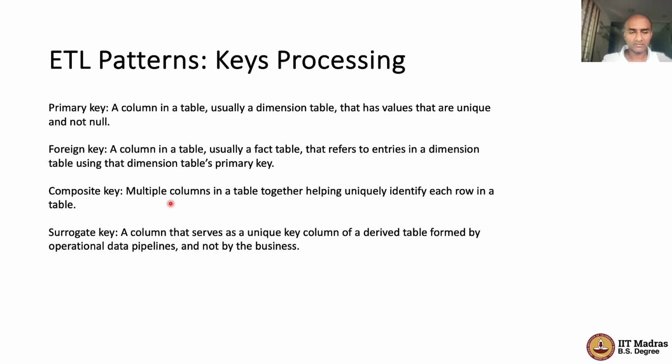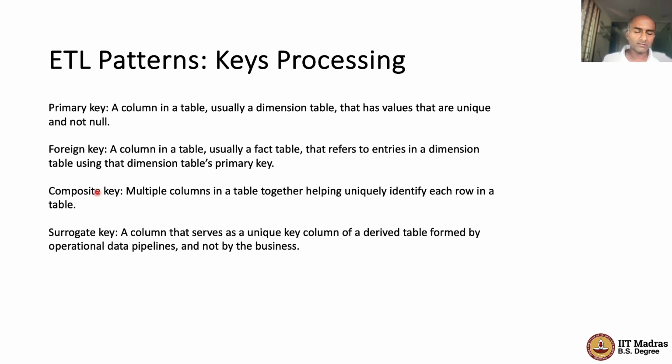When you have to combine multiple columns in a table together to uniquely identify each row, and also, of course, not have any nulls in any of those columns, then that kind of a construct is called a composite key.